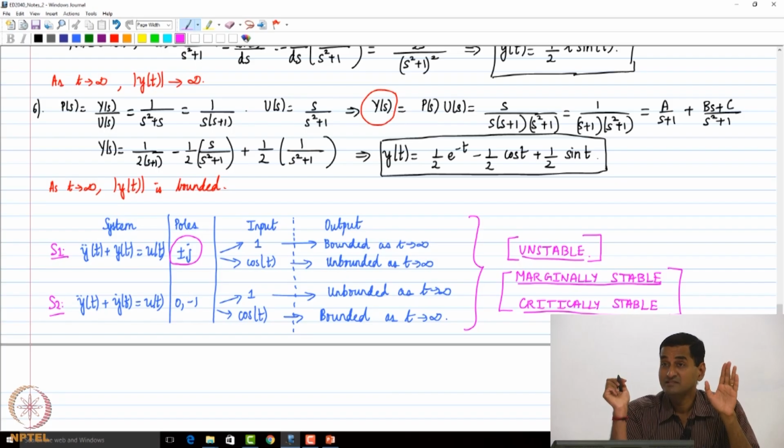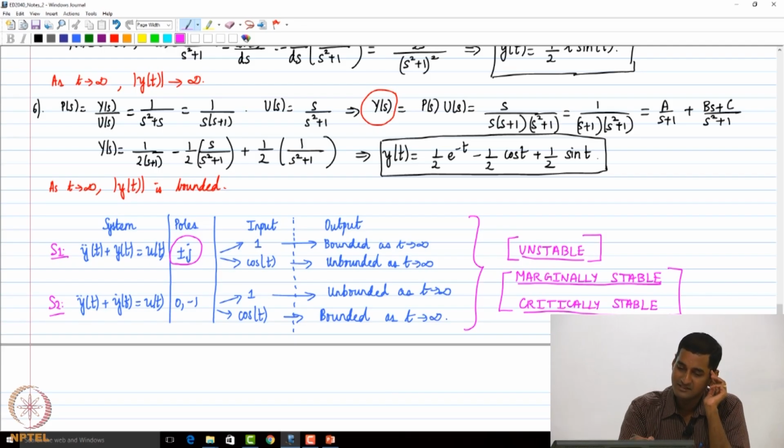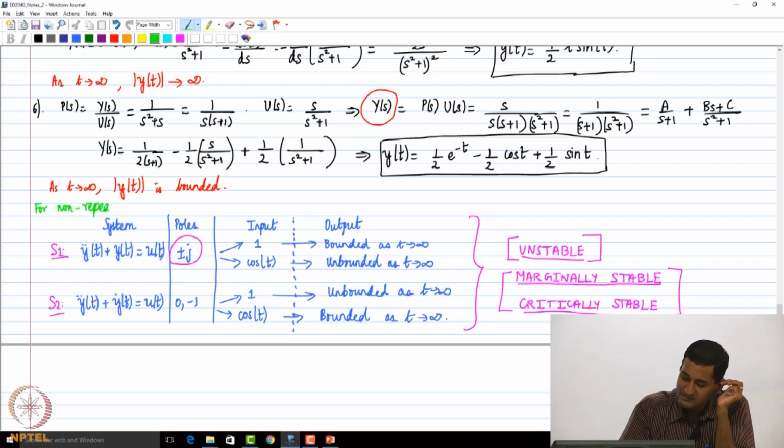Okay. But this is true only when you have what is called a non-repeating pole on the imaginary axis. So this result is true only for non-repeating poles on the imaginary axis. Okay, great.